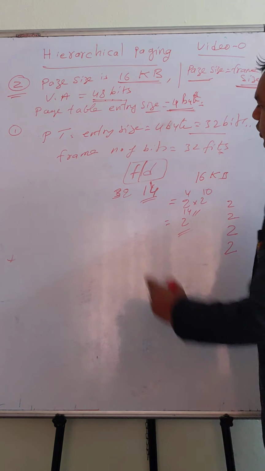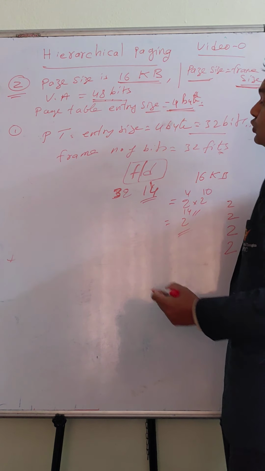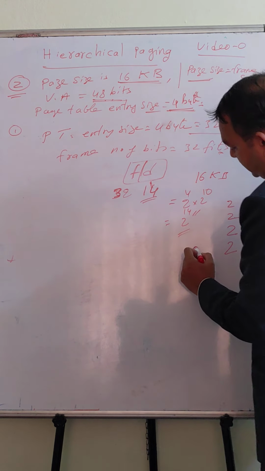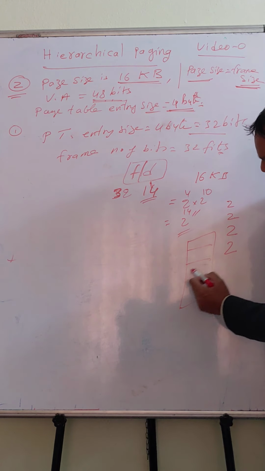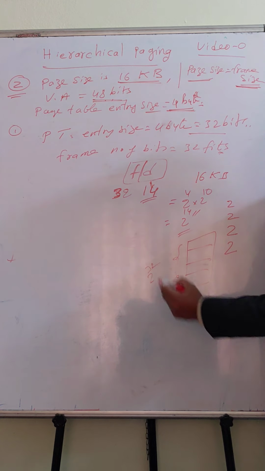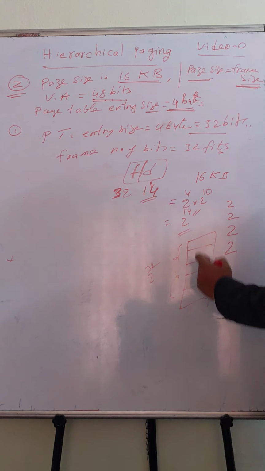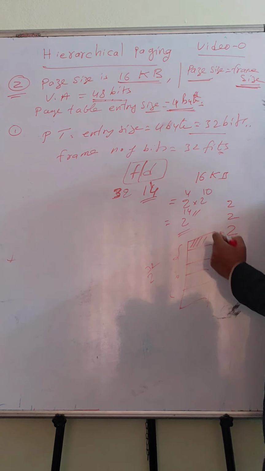Understood? Total how many pages? 2 power 32 pages in physical memory. In physical memory, how many pages are there? 2 power 32 pages are there. Each page size is 16 KB.